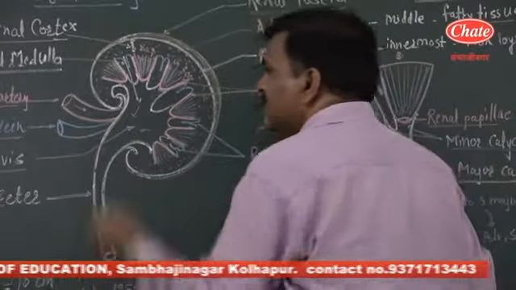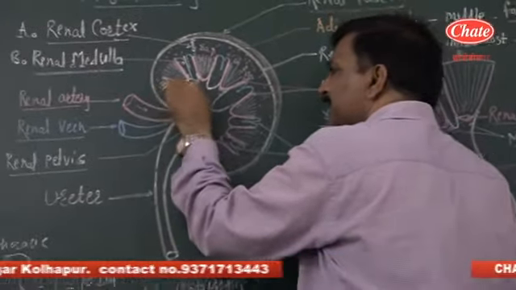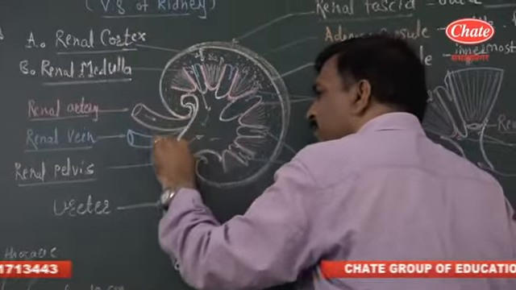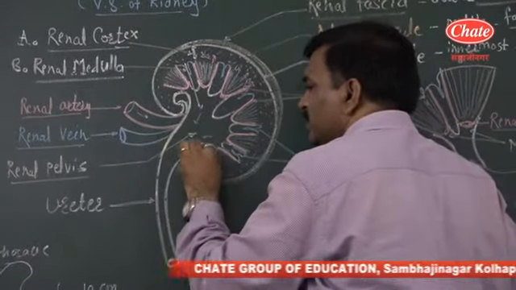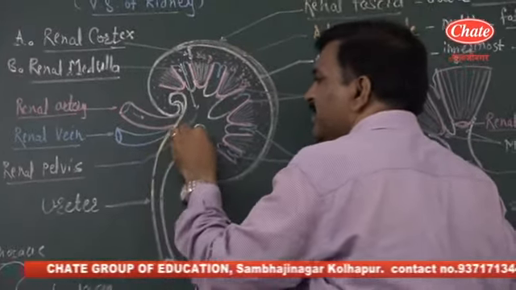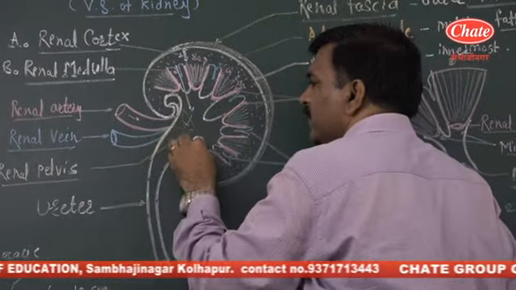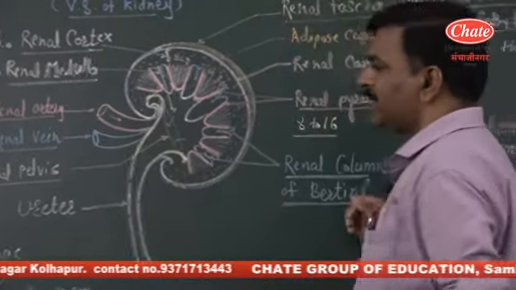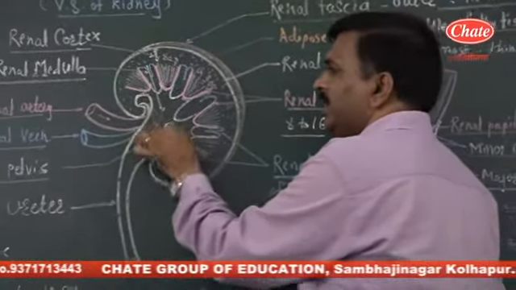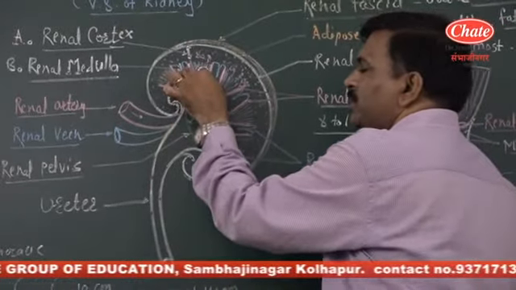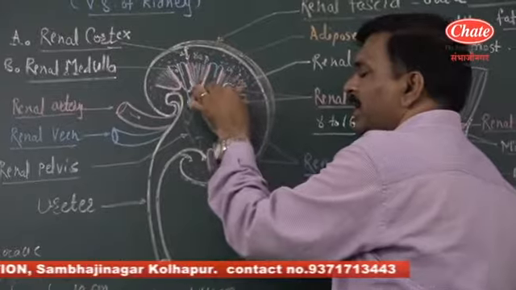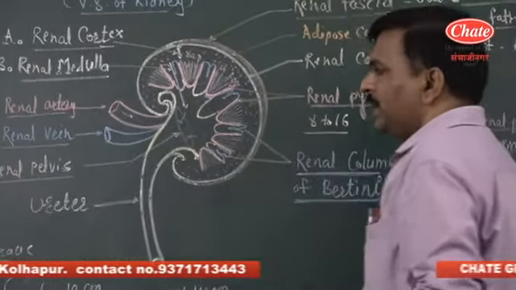Now what is the pelvis? The renal pelvis is an anterior funnel shaped portion, which collects the urine prepared in the uriniferous tubule or nephron.